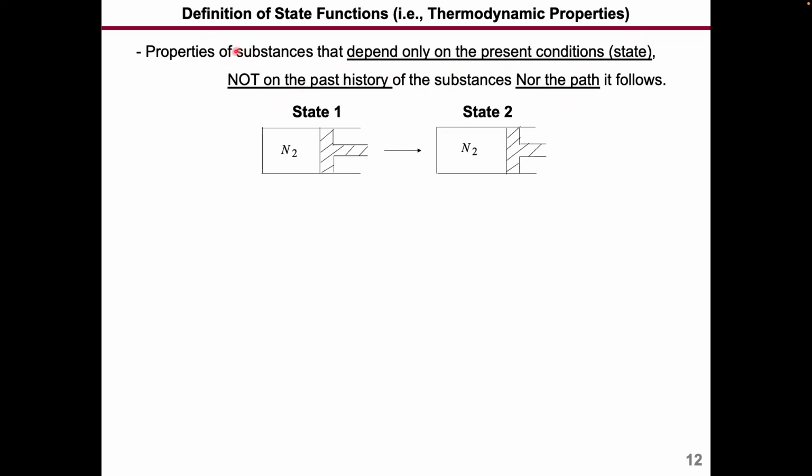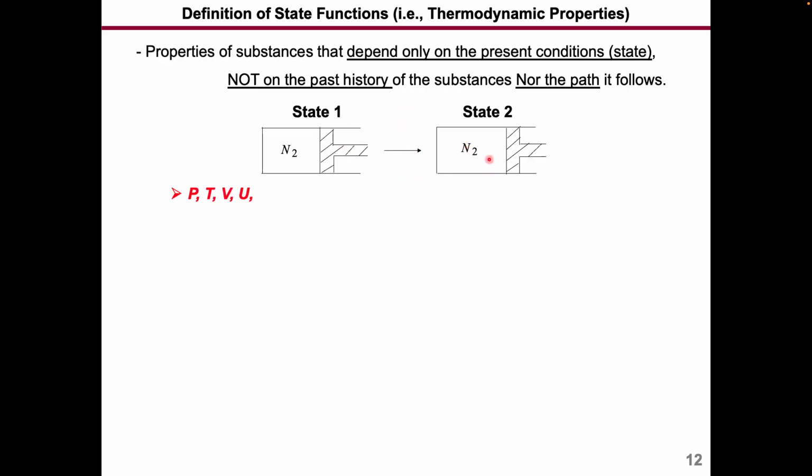So basically, these thermodynamic properties define the state, or depend on which state you are in, either state 1 or state 2, but not on the process, or the change between states. Okay, so this is the process, and these are two different states.